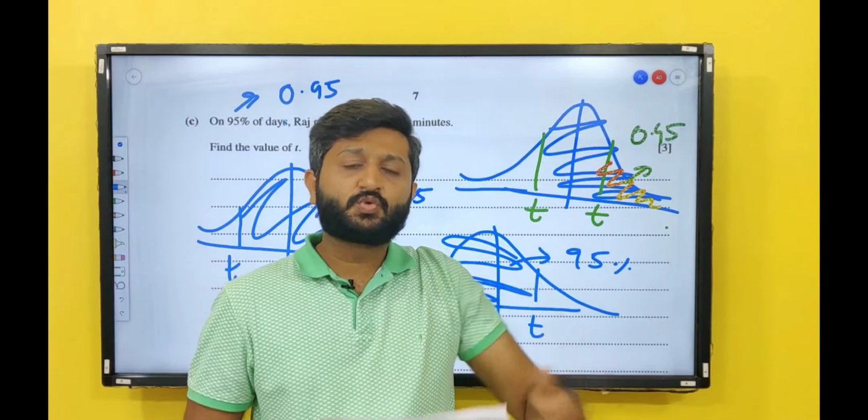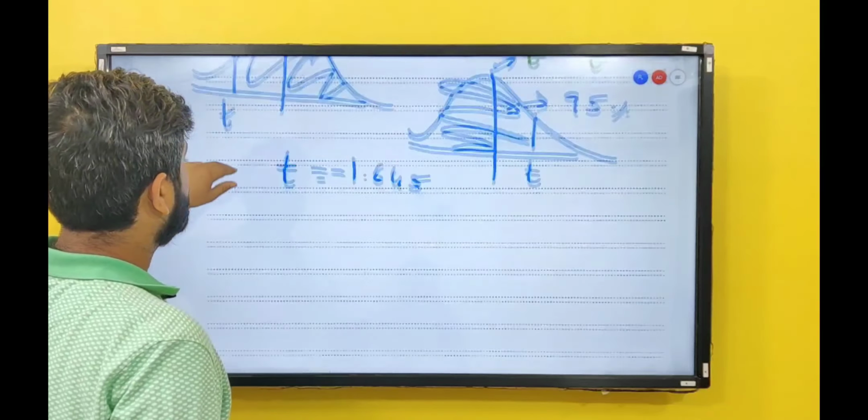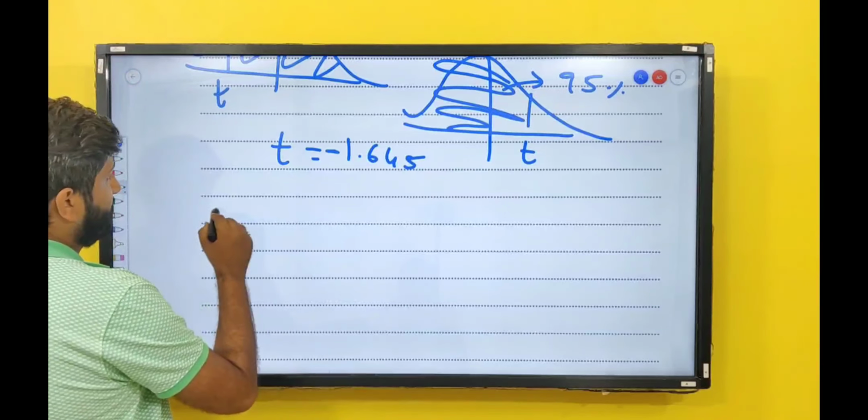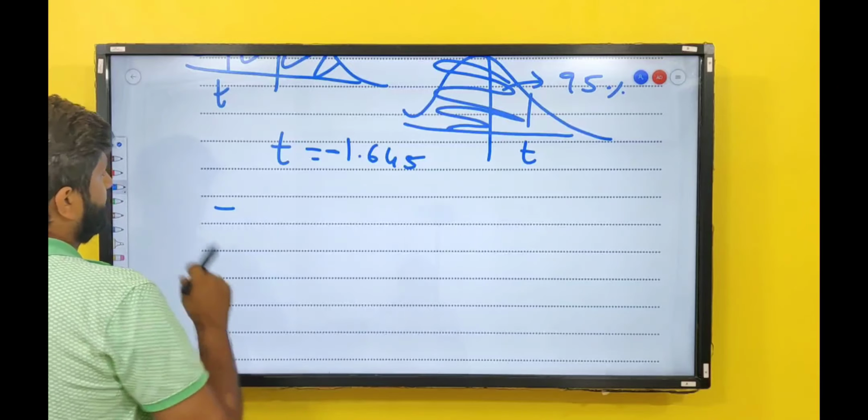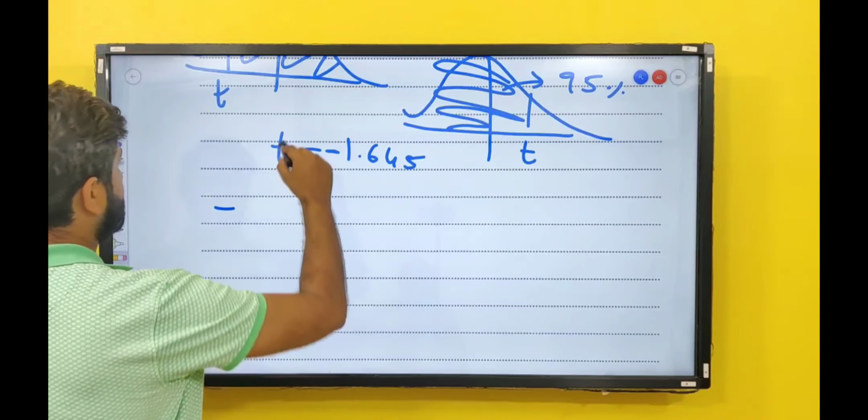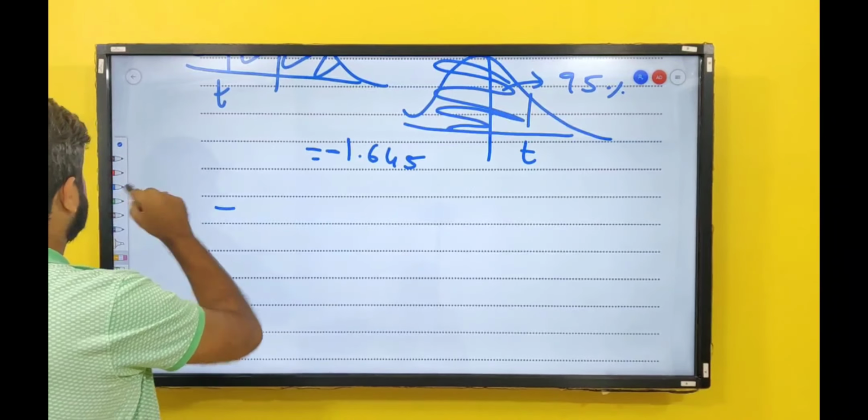Now we have the probability and we are supposed to find z. So if my probability is 0.95, my z is going to be 1.645. But guys, please understand that your t was on the left hand side of the origin, so this is going to be minus 1.645. So my value z, which is minus, this is not my t, this is my z.